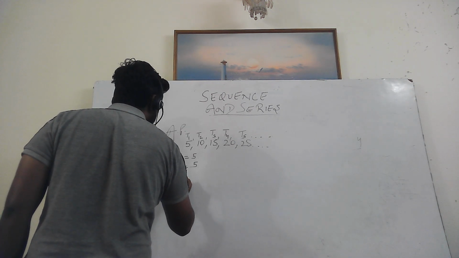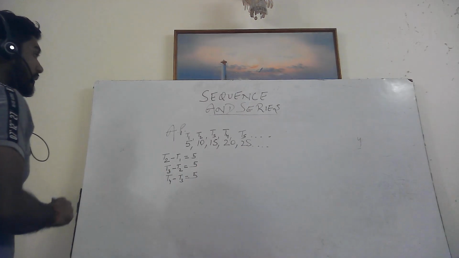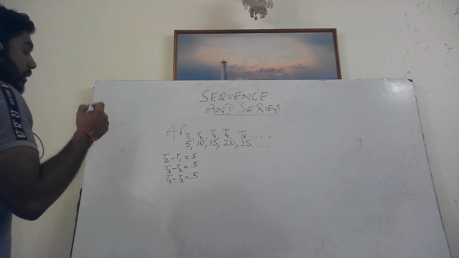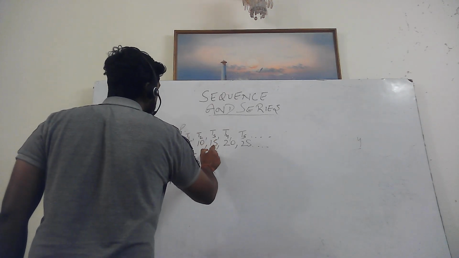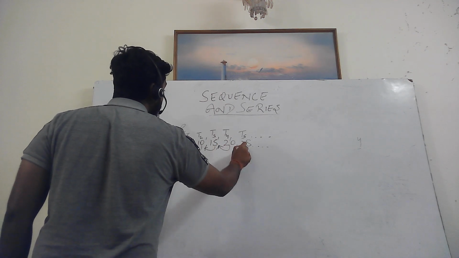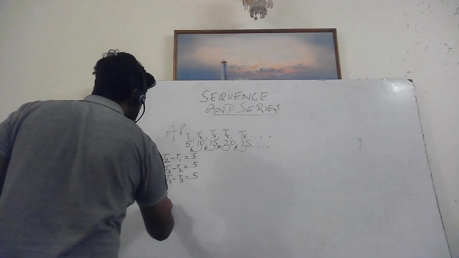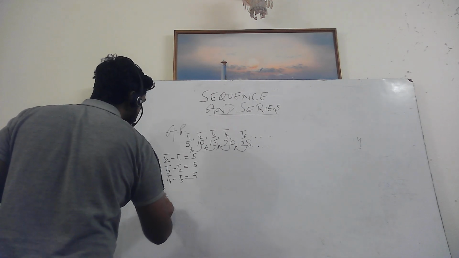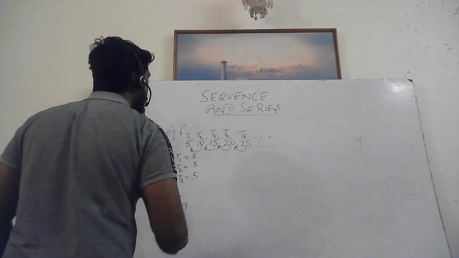T4 minus T3 कितना है? ये भी 5 है. इसका मतलब जब हम सक्सेसिव टर्म्स के बीच का डिफरेंस लेते हैं, so that is always equal. Or what I can write down as Tn, the nth term, minus n minus 1th term.